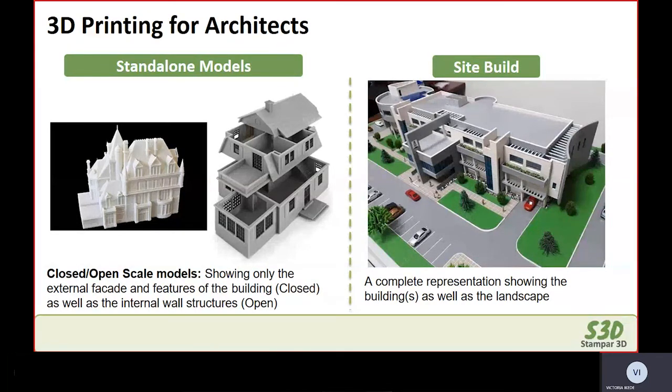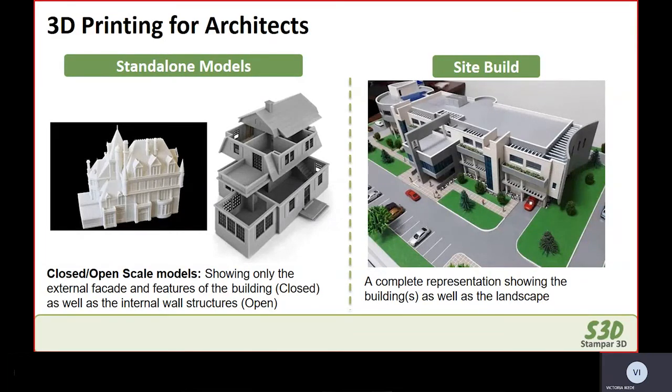A standalone model can be one of two ways, closed or open. Closed is where you are only interested in the facade, and your 3D model will have to be a solid block model. The other way, if it's open, is when you want to show your client the internal structures of the building.